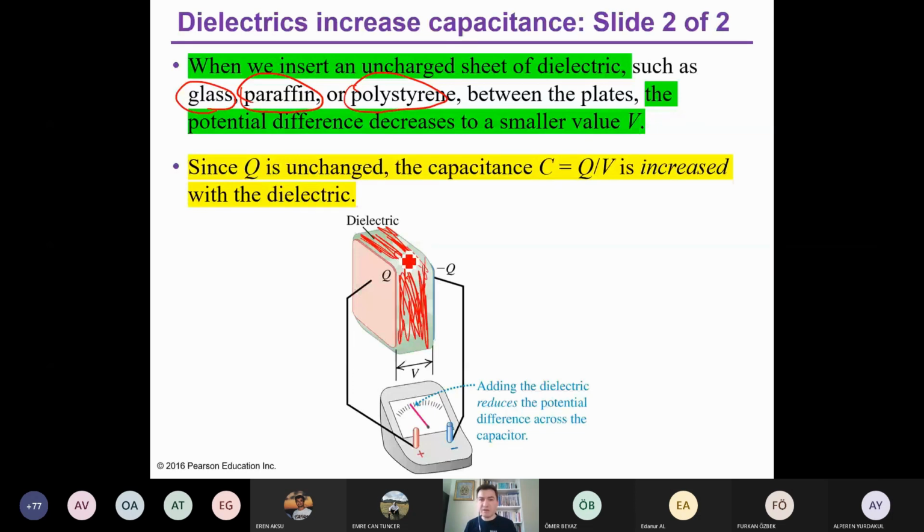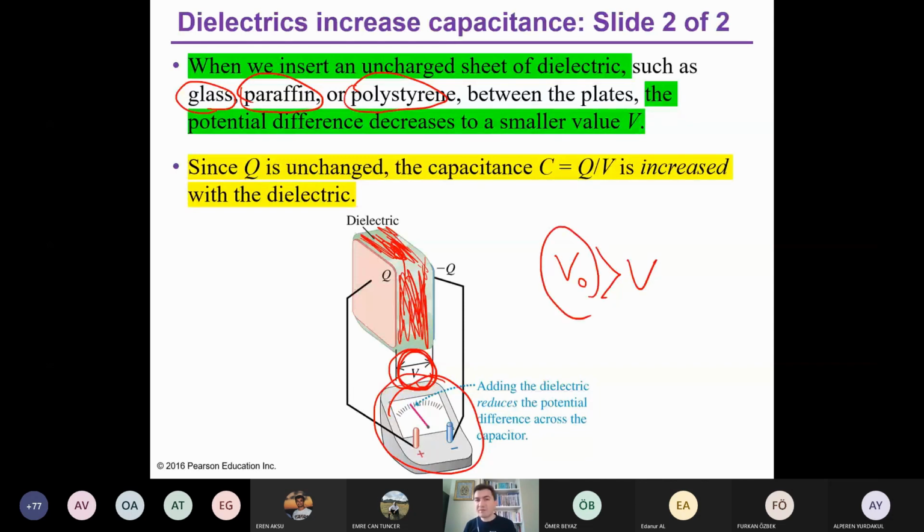At the beginning, the potential difference was V0 without dielectric material between the plates. But when we insert an uncharged dielectric material, we have another potential difference between the metal plates. Now we have V, and this V is smaller than the initial value.